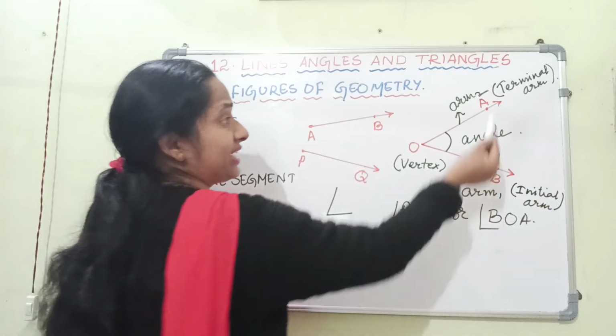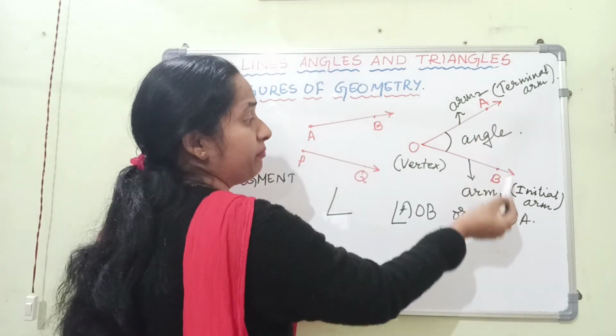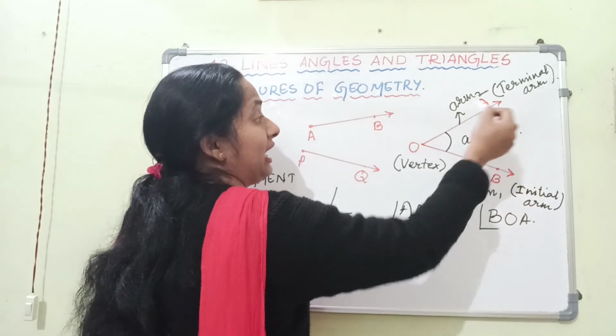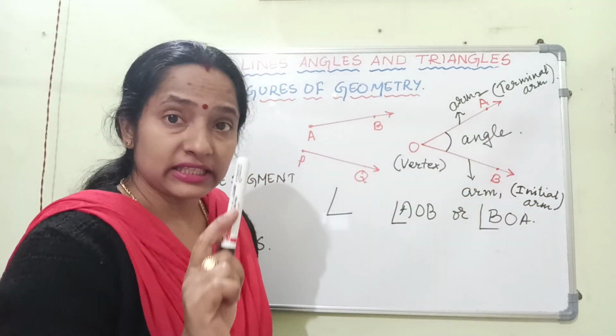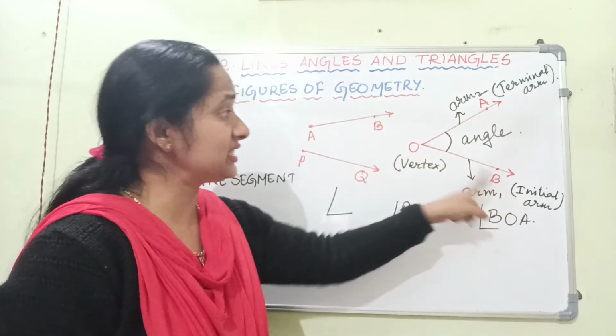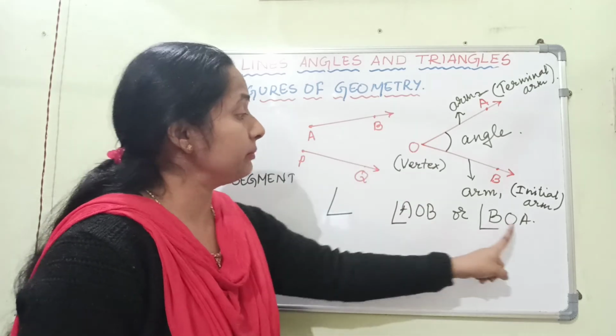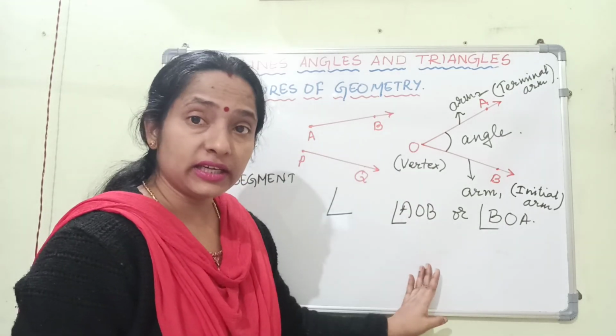You cannot read it as ABO or BAO. That is the wrong way of reading an angle. You have to come in a cyclic way such that the vertex of the angle always comes in the middle. Is it clear?